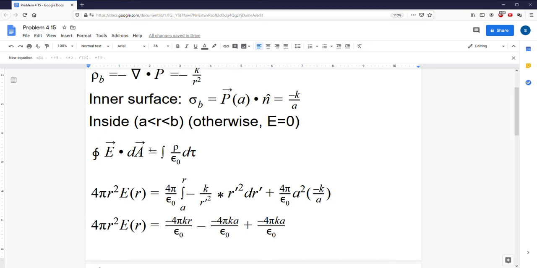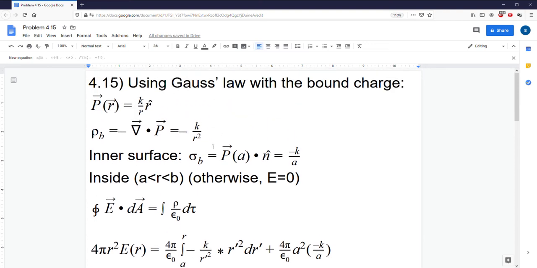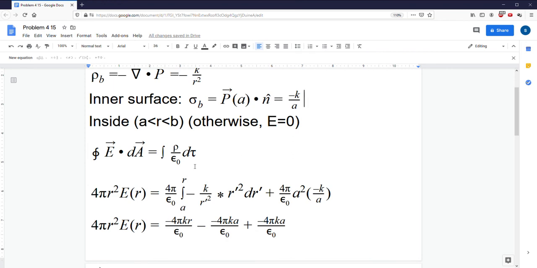So E dot dA is equal to total charge enclosed. Now, since we are dealing with a spherical Gaussian shell, and since this problem does have enough spherical symmetry, and we have done this many times before, I'm just going to say that this side integrates to 4 pi r squared times the radial component of electric field as a function of r.